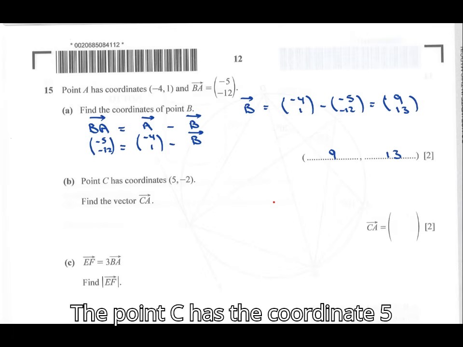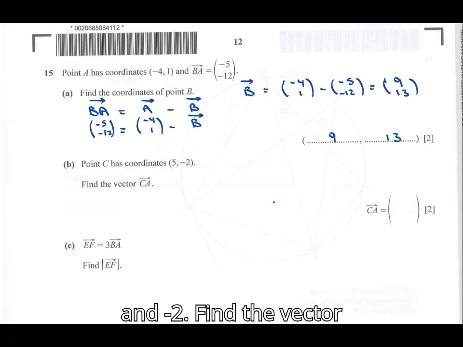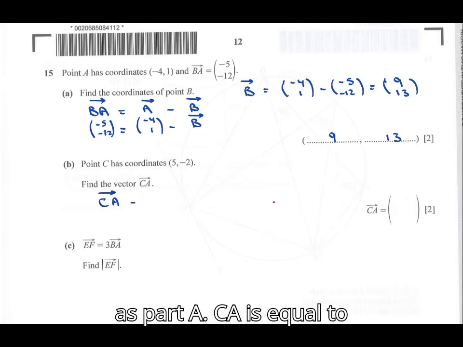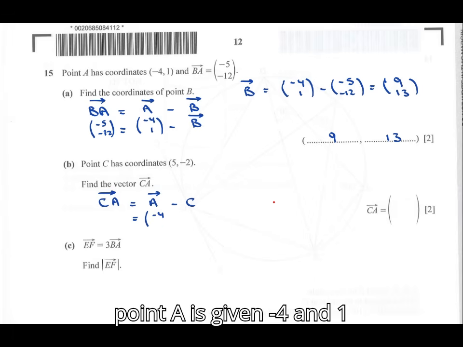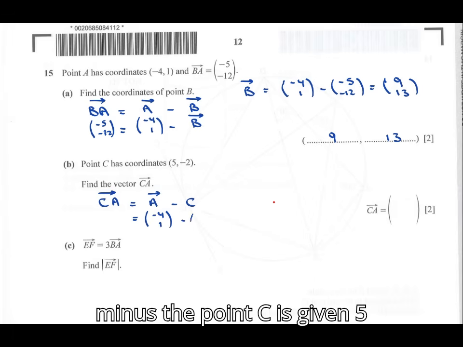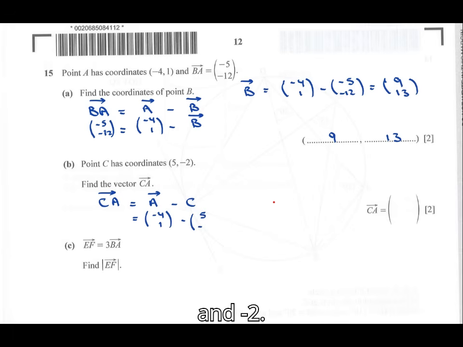The point C has the coordinates (5, -2). Find the vector CA. The same rule as part A: CA is equal to A minus C. The point A is (-4, 1) minus the point C, which is (5, -2). Negative 4 minus 5 is equal to -9. 1 minus -2 is equal to 3.